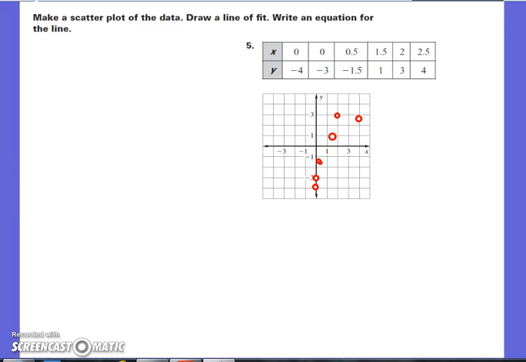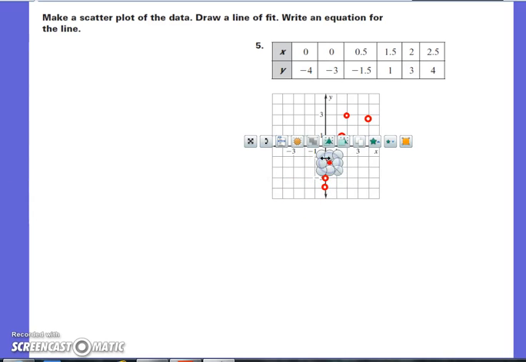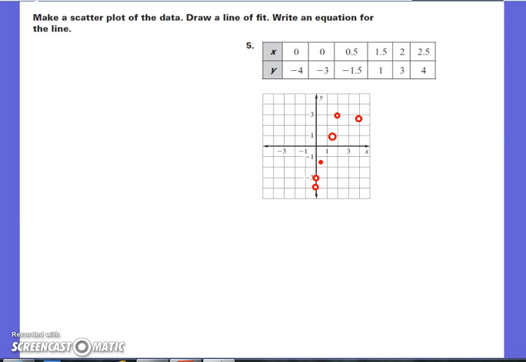So I would have to say this is somewhat of a positive correlation. I didn't like that point, I'm going to get rid of it. Put this point back in. Somewhat of a positive correlation, and so we have to find the line of best fit. But if we were finding a positive correlation, it would look somewhat like this.